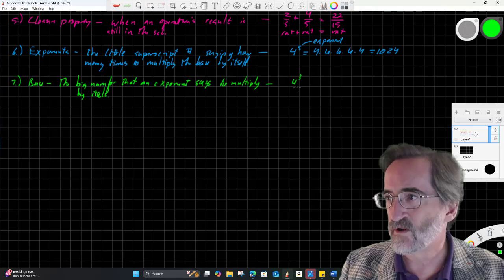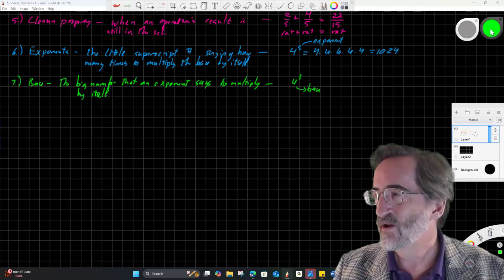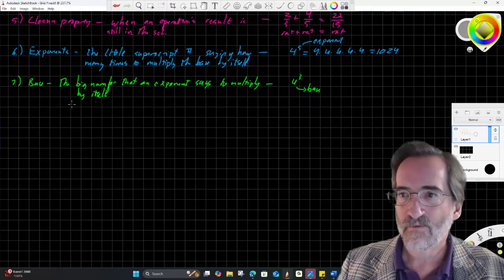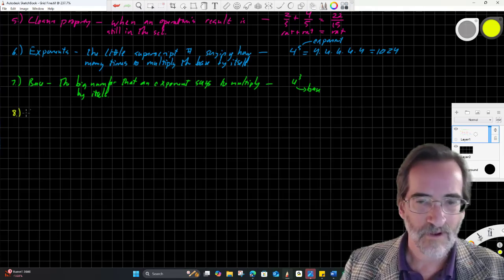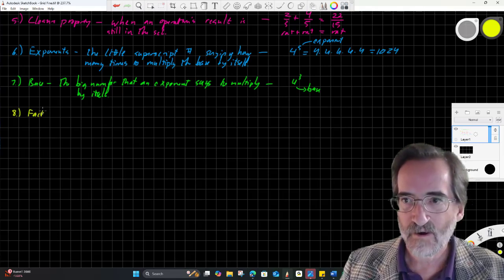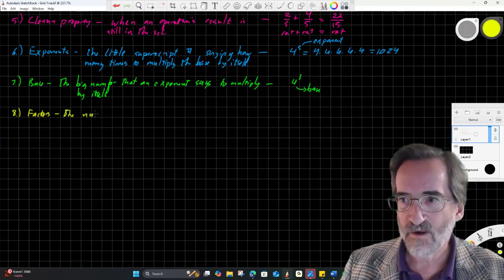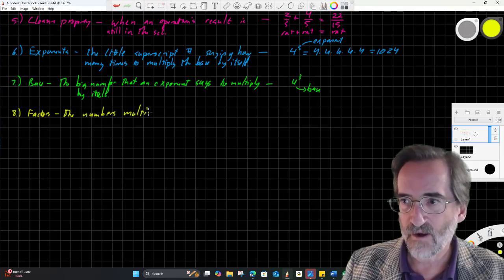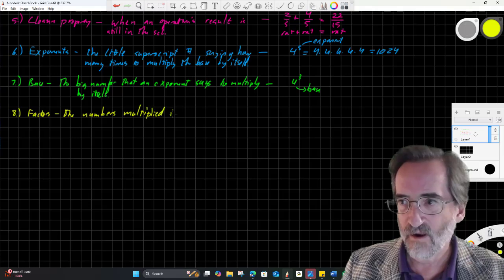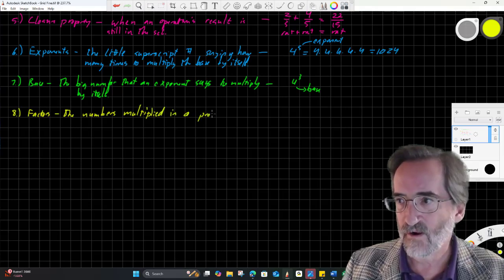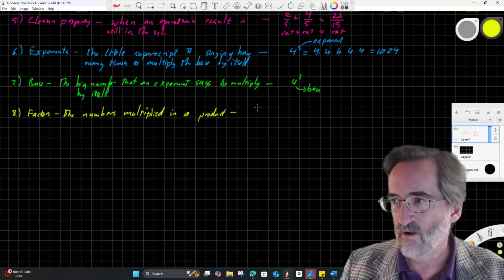Example, 4 to the 3rd, 4 is the base. Eight. Factors. The numbers multiplied in a product. 4 times 5 equals 20. 4 and 5 are factors.